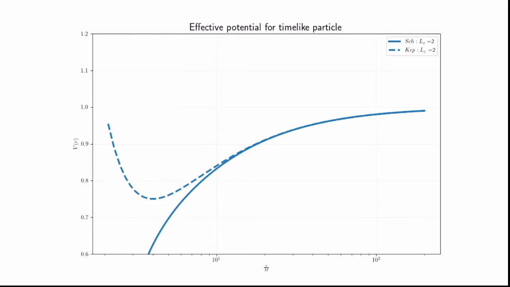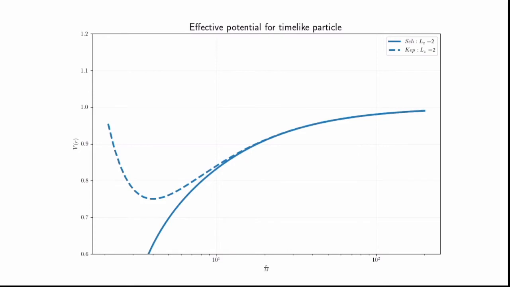One is simply minus m by r, and the other term is L square by r square, together which would generate a minimum, and it is possible to have a circular orbit at every location, and every Lz in the Keplerian problem. However, in this case, you can see when Lz is equal to 2, there is no stable orbit. The particle would simply fall into the black hole, and there is no stable circular orbit. So that is a glaring difference at this stage between the Newtonian and the Schwarzschild case.